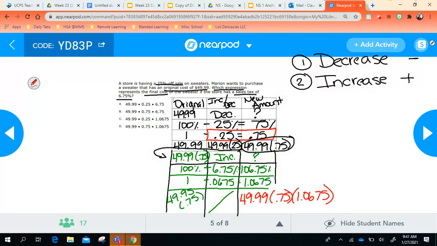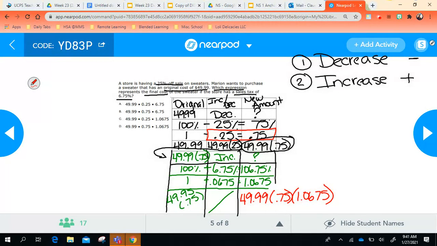If I were to multiply that out, it would give me my final price for Marion's sweater. But because we're just looking for an expression, I'm going to leave it just like that.